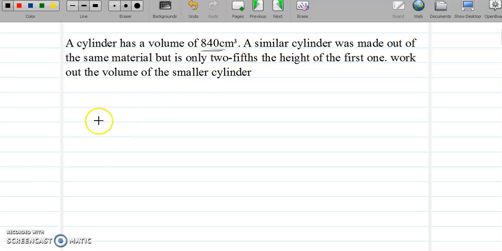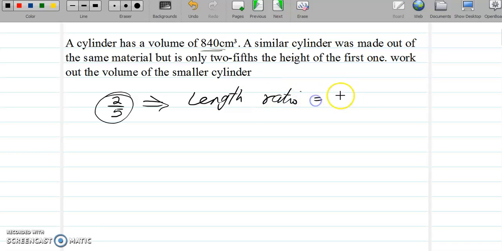That means 2 over 5 gives us the length ratio, 2:5.